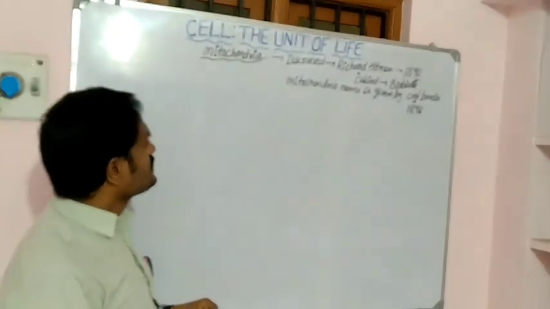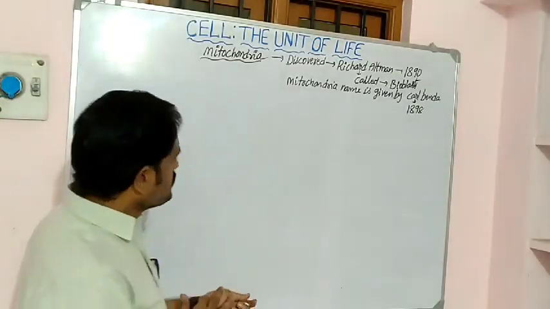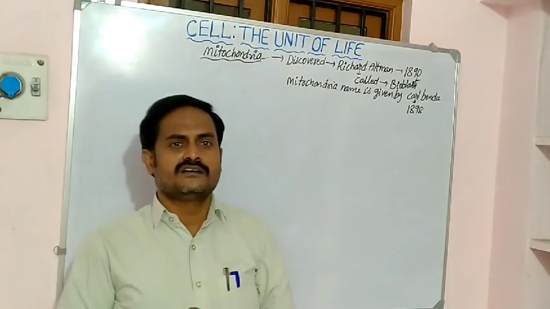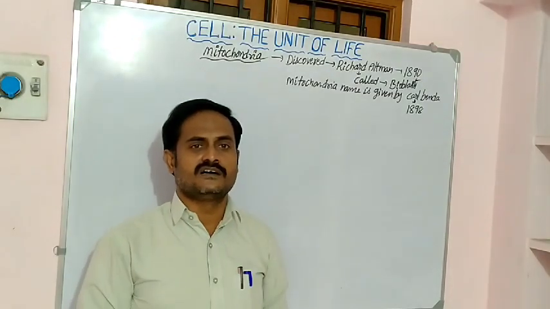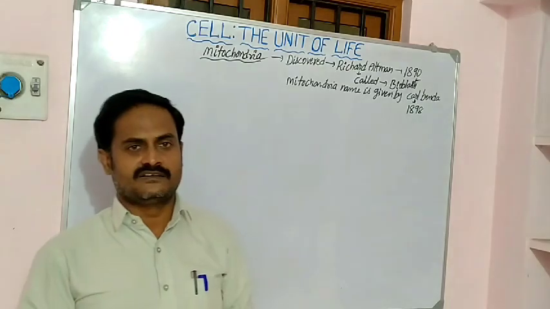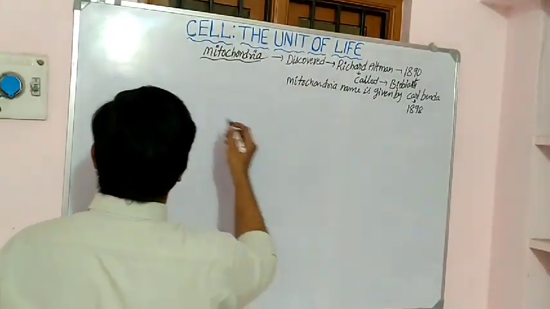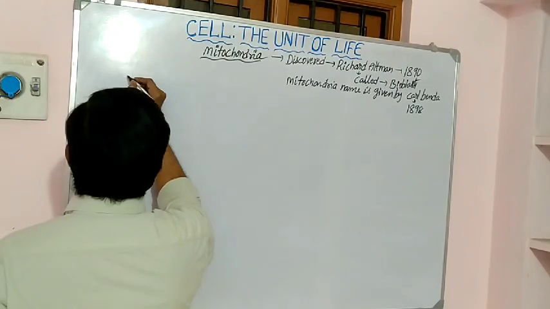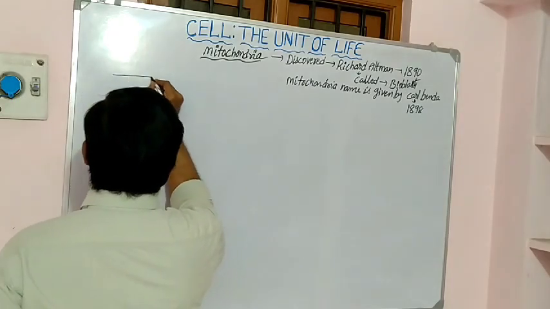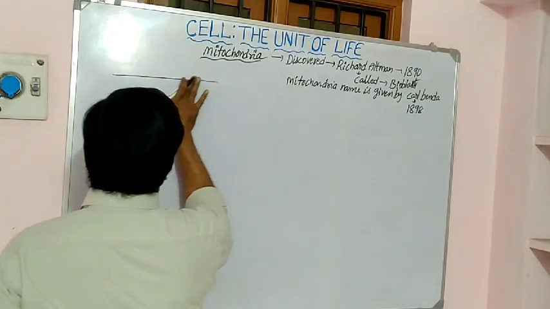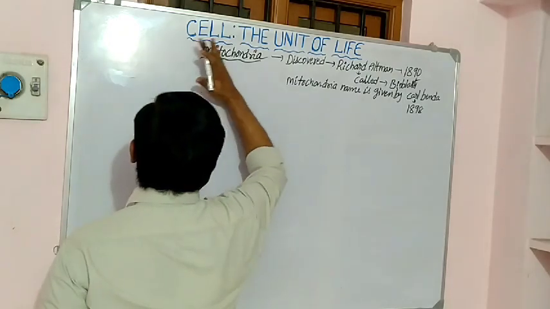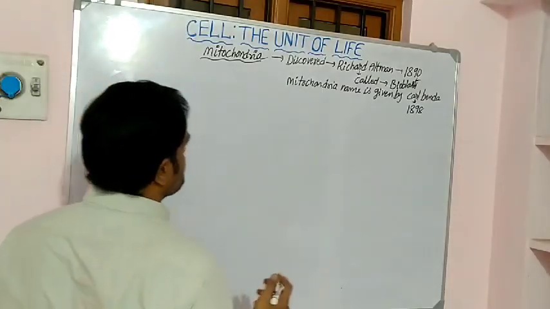Okay, now coming to the topic, how the mitochondria forms inside the cell or cytoplasm. See, now I am going to draw the diagram. Commonly, mitochondria have special functions in the cell.